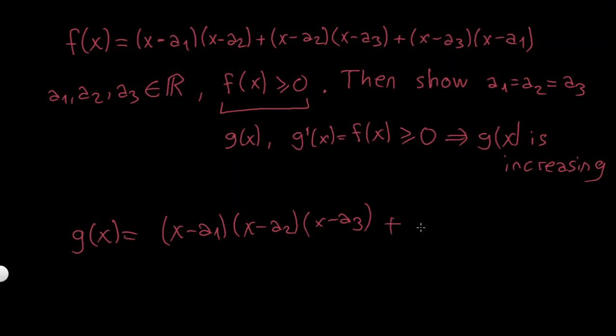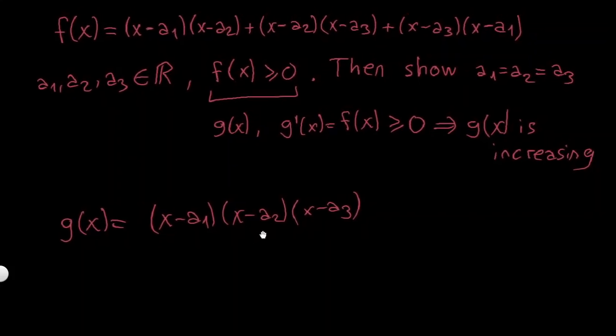I can also add any constant, but I don't really want that. Even if I don't add any constant, this function satisfies this condition, and g(x) is an increasing function, and this is the version that is most useful for me. If I add something, you will see that it's not going to help me. So I know that g(x) is increasing.